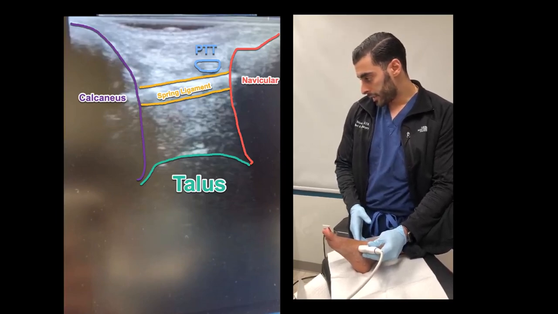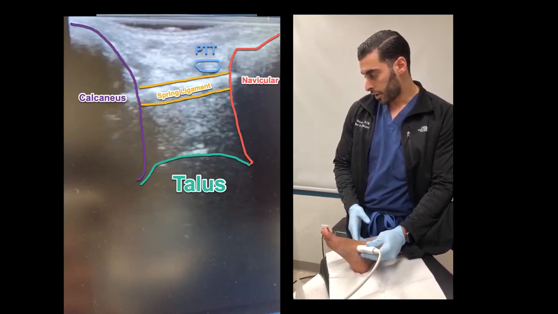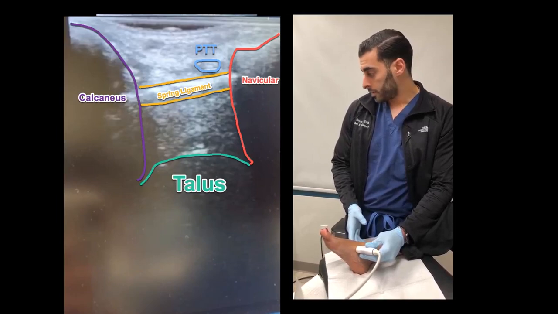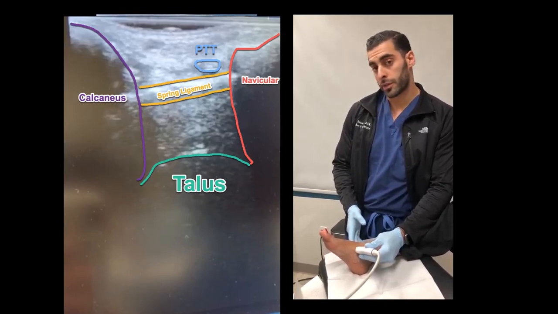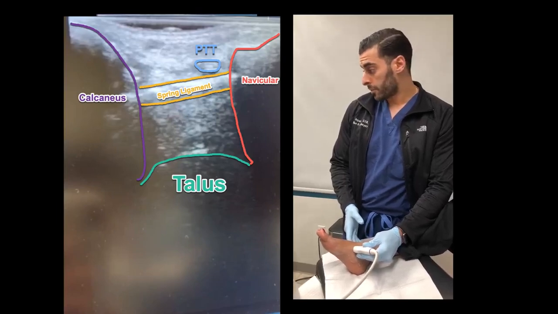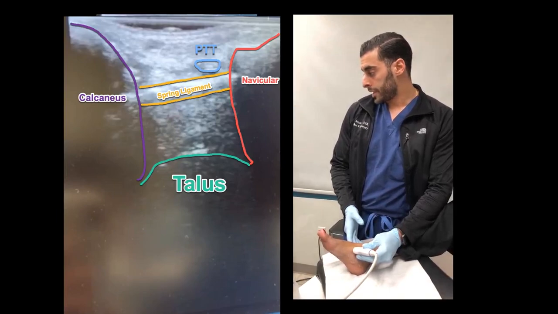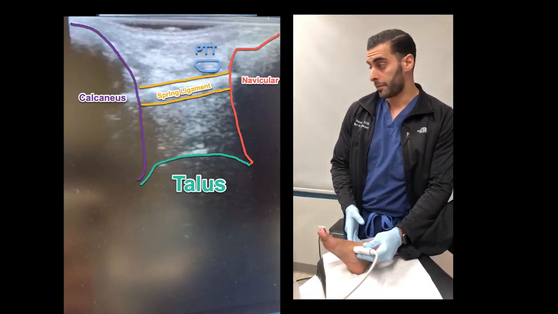And here you can see three bony structures. On the right side of the screen, you'll see the navicular, and on the left side of the screen you see the calcaneus, and in between them is the talar head. And you can see that the superior medial portion of the calcaneonavicular ligament is a little bit more broad than a typical ligament, and you can see it connecting the calcaneus and the navicular there.